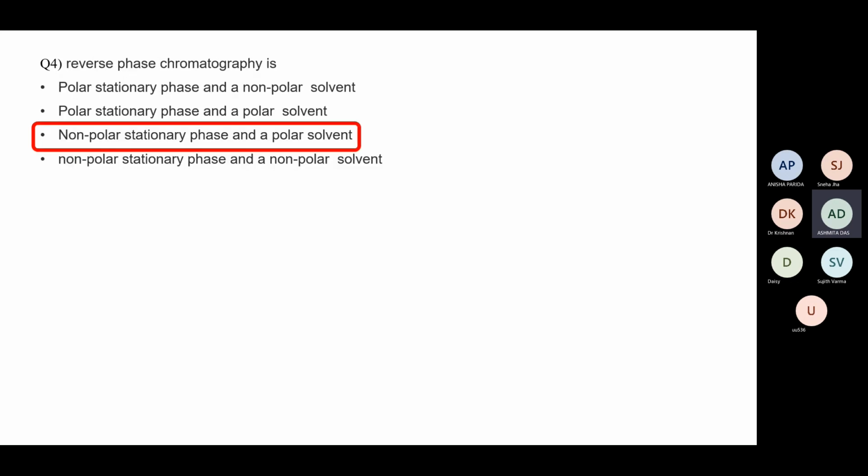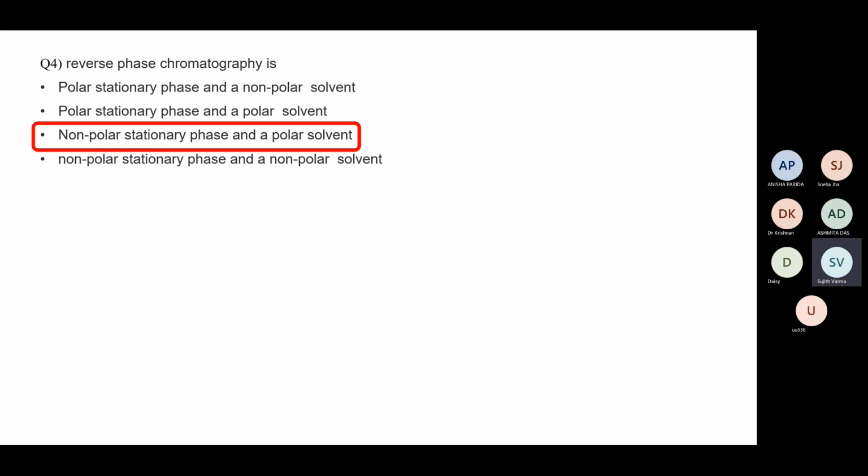Now moving to the next question. Reverse phase chromatography is... Any idea what the stationary phase and the mobile phase are in reverse phase chromatography?